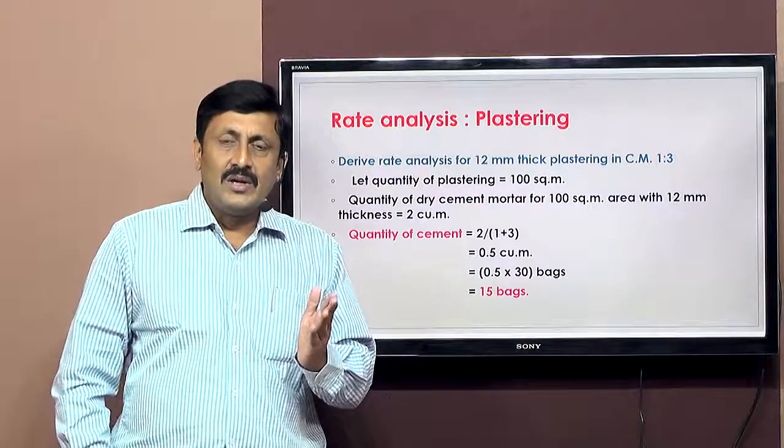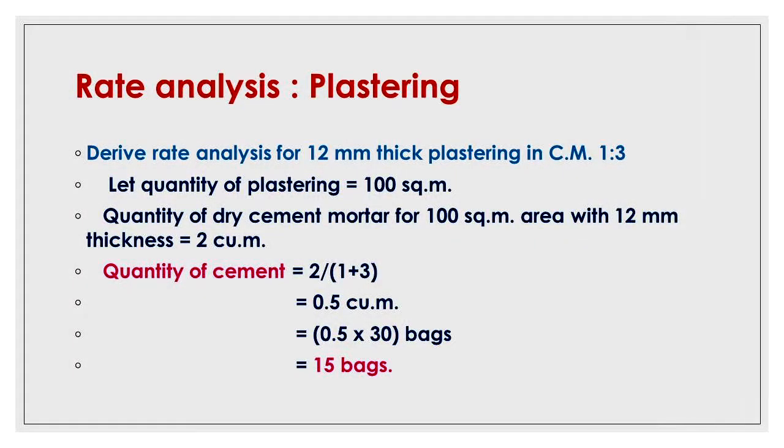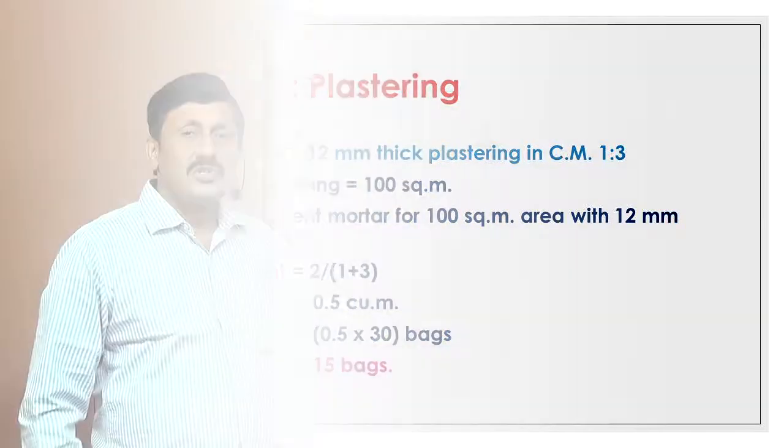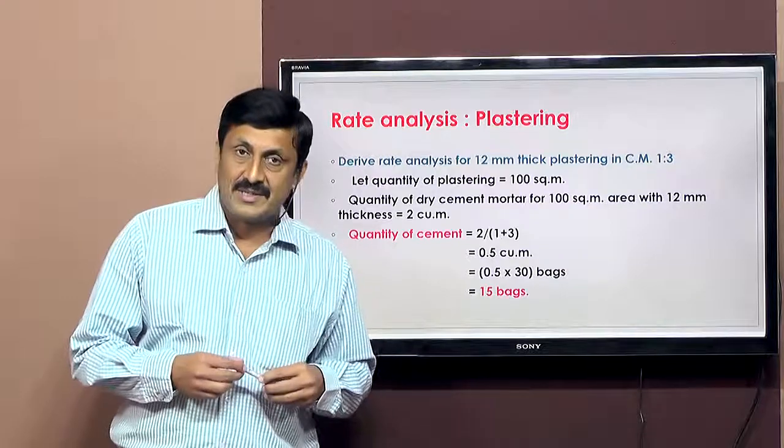So we will divide this 2 meter cube by 4. 2 divided by 4 comes to 0.5 cubic meters, and 0.5 cubic meters is the quantity of cement. That is, the fourth part of 2 meter cube will be the volume of cement. So 2 divided by 1 plus 3 is equal to 0.5. So 0.5 cubic meters will be the volume of cement.